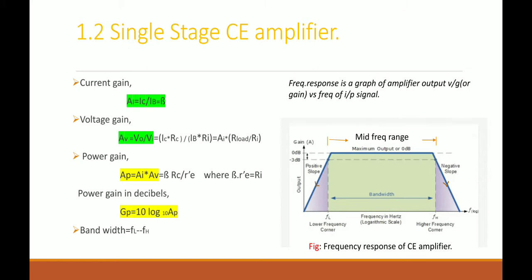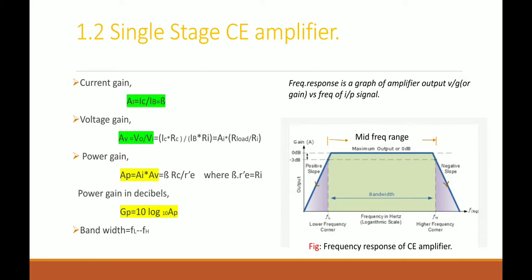Voltage gain is Vout by Vin, that is in terms of current and resistance, IC into RC by IB into Ri, that is equal to AI into R load by Ri. Power gain can be calculated as AP equal to AI into AV. The power is the product of current and voltage. That can be written as beta times RC by r'e.